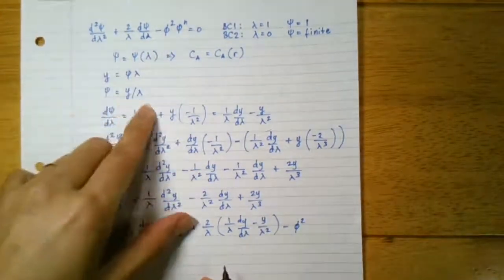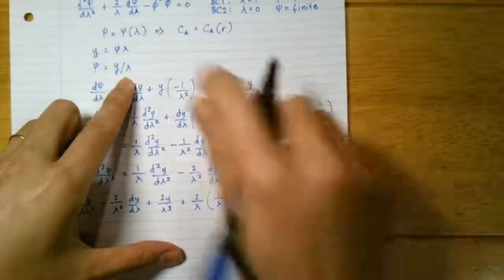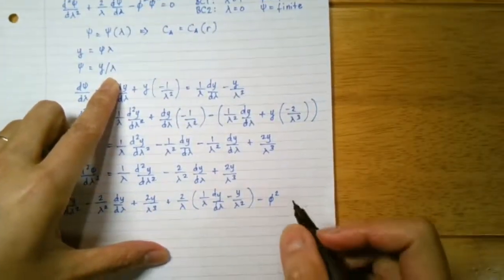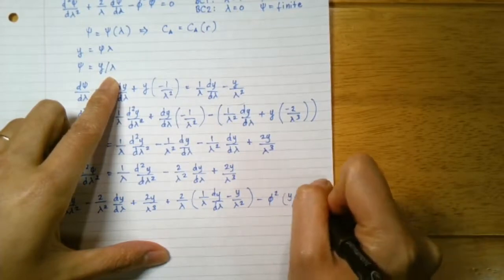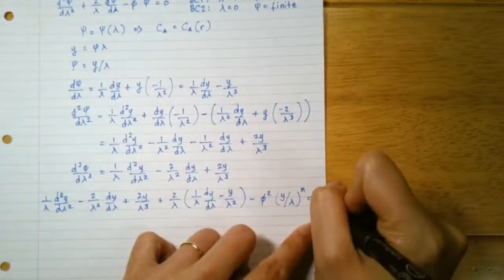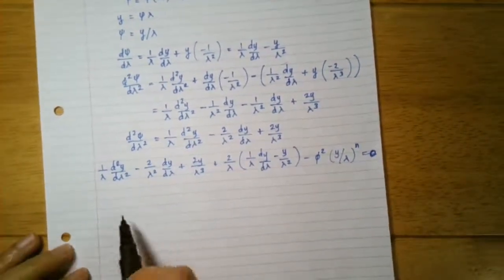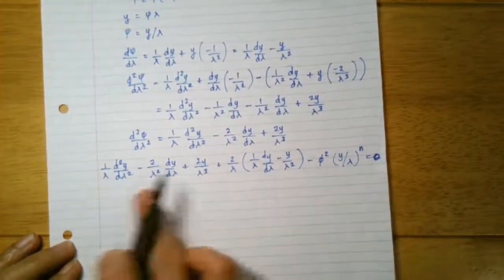Okay, but psi in terms of y is y over lambda. So this term here, I can write as y over lambda raised to n equal to 0. Okay, so let's evaluate some expressions and try to simplify this.